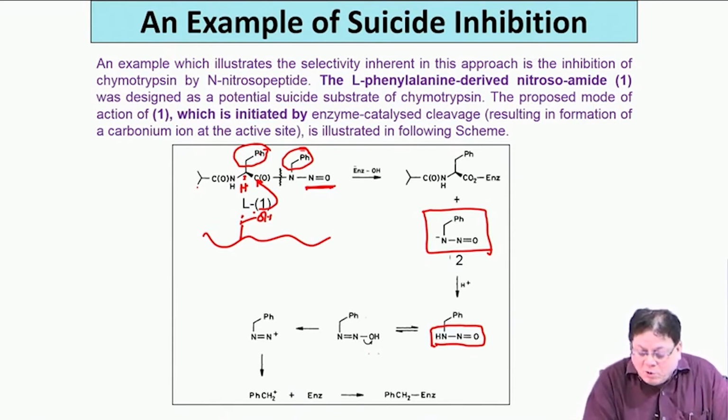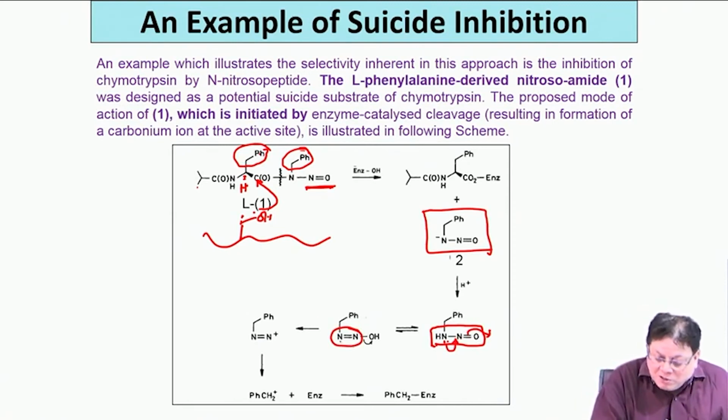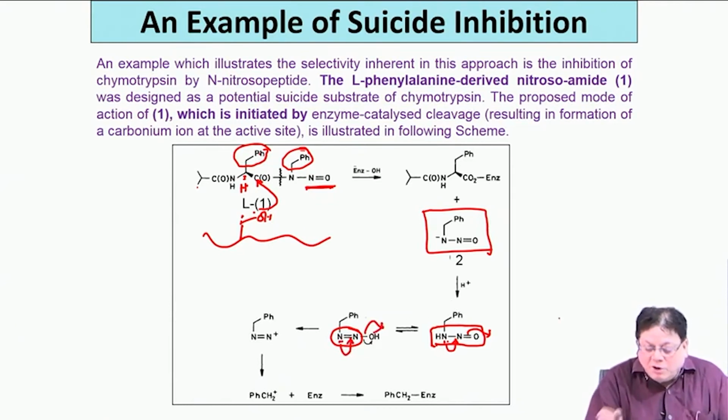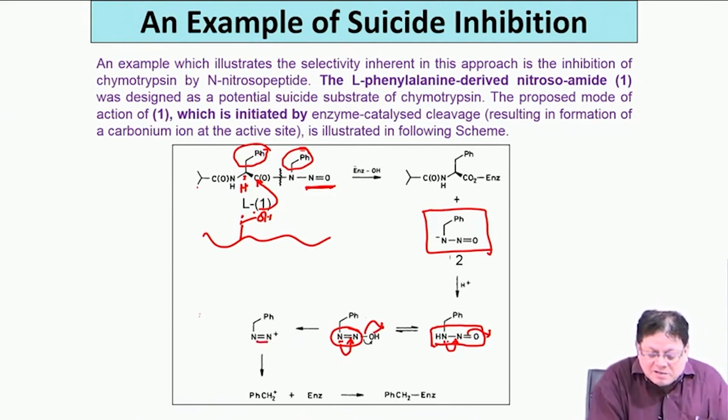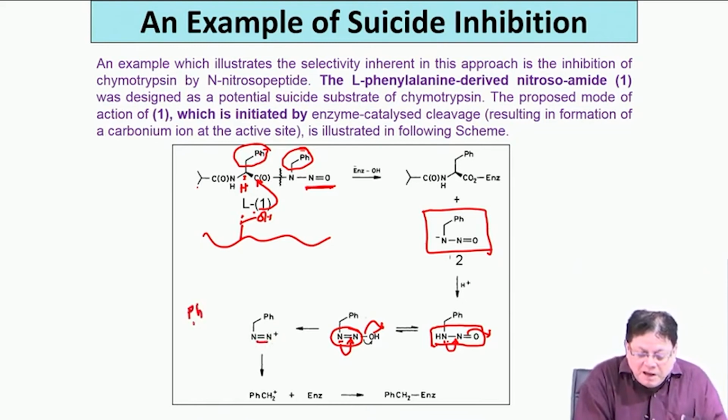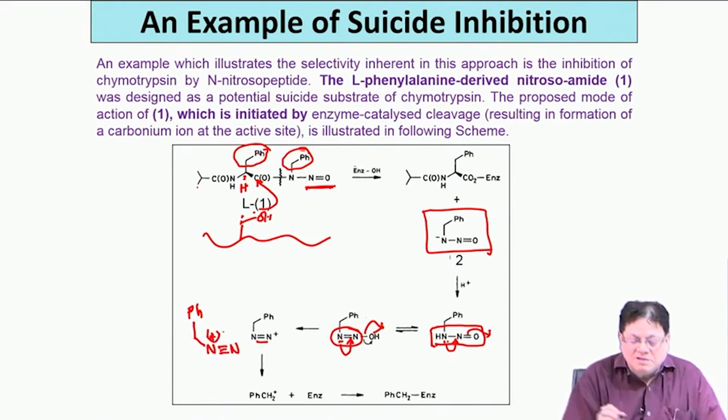What happens? They go to another tautomeric form, called the diazo compound, and this diazo compound is also not very stable. Now, the OH comes out as water, and this forms this. There are some mistakes here. I think it is better you write it this way, PhCH2 N triple bond N, and this nitrogen is plus.